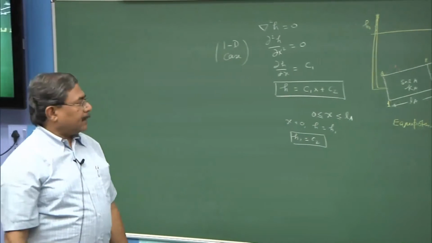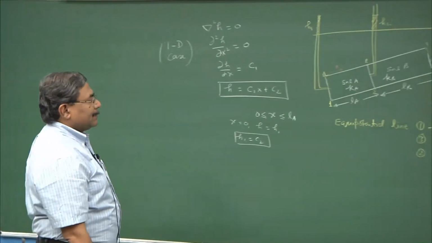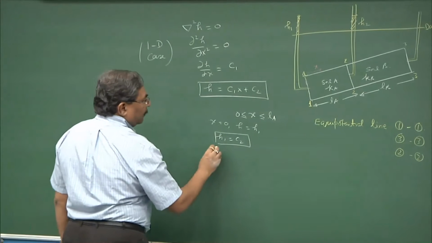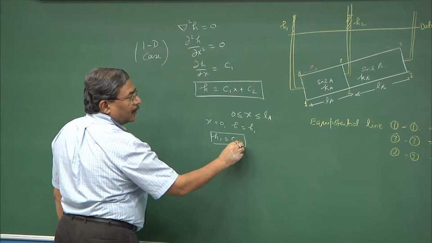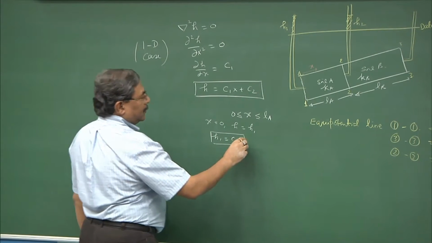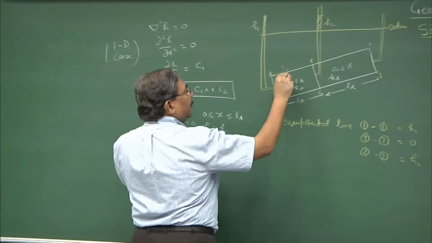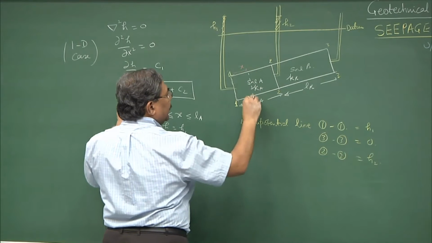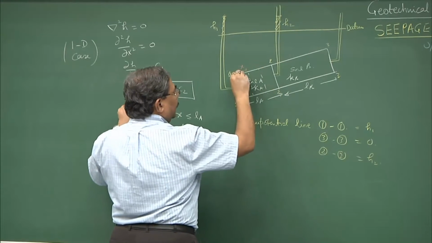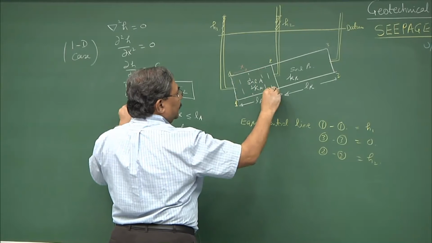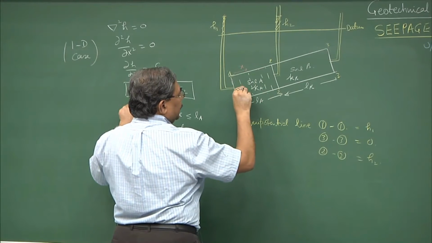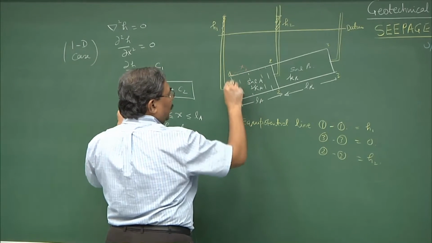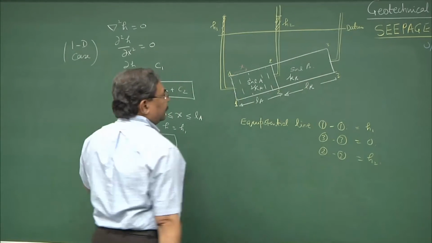What will be the discharge? So, discharge can be obtained the moment h 1 is known. What I should be doing is this H is corresponding to somewhere in between, all right. So, all these lines are going to be parallel to each other, that means all the equipotential lines where the H is acting is going to be parallel to 1 1, 2 2 and 3 3.